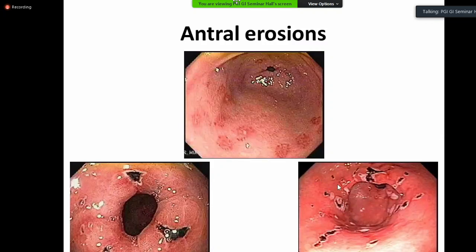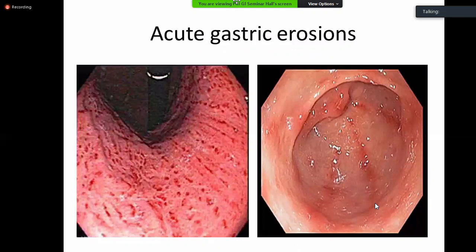Yes, but the terminology, as I said, there's no clear definition of superficial or deep ulcers. Ulcers are classically beyond the mucosa. So these erosions will be common for non-steroidal anti-inflammatory agents, patients on ventilator, patients with stress bleed. So these will be classified as erosions only, not as ulcers.